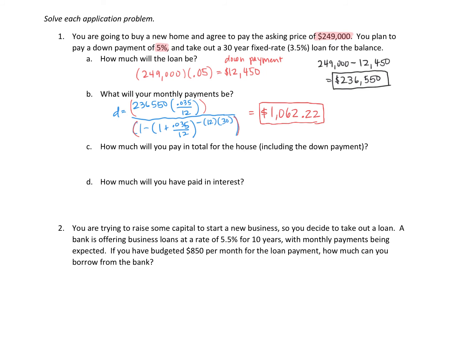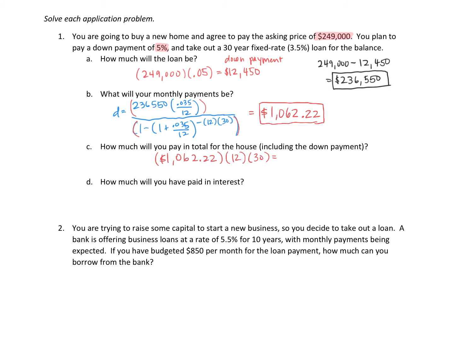So now part C is asking, how much will you pay in total for the house, including the down payment? To find out how much you'd pay in total, you could simply take your monthly payment, $1,062.22, and multiply that by 12 months for that year, and then you're doing that for 30 years.